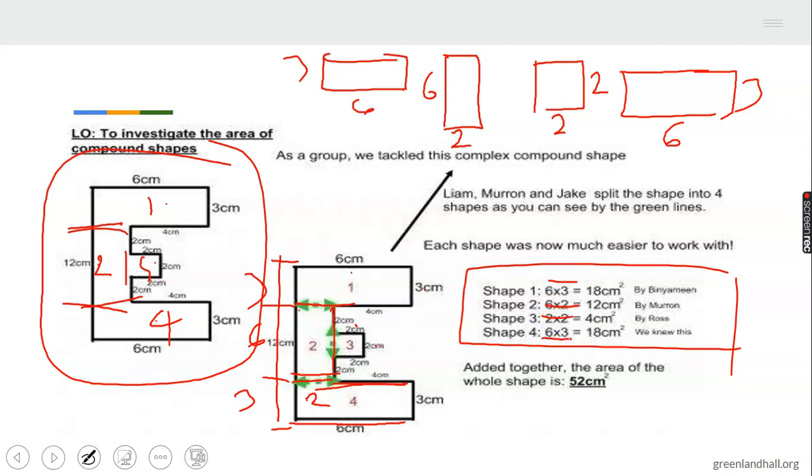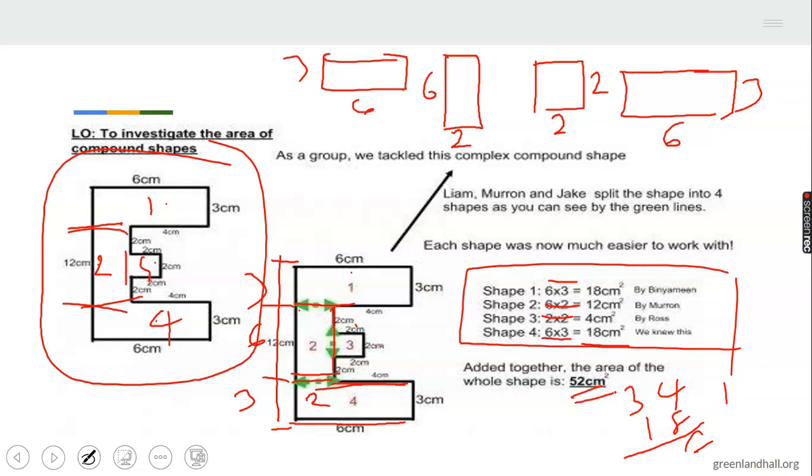By the time you sum up everything together, that will be 18 plus 12, that is 30. Plus 4, that is 34. 34 plus 18. Let's do that one here. 4 plus 8, that is 12. Put 1 here. 3 plus 1, 4 plus 1. That is 52.